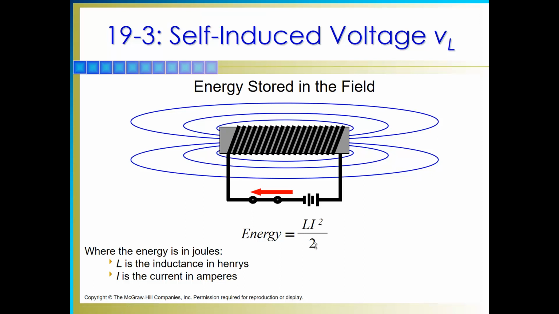All this divided by 2. And the energy is given in units of joules right here. Okay? The inductance is in henries, and the current is in amperes. This is the current squared, so that will be square amperes times henries. That gives you joules.